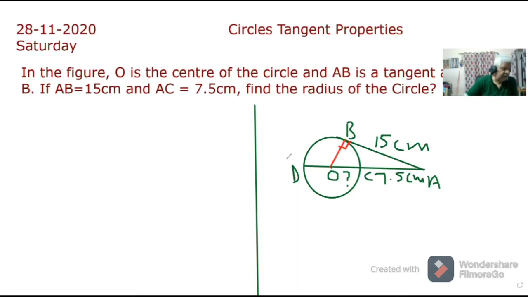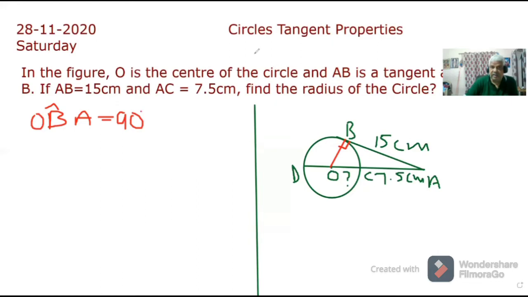So first here I will consider the problem. Observe what properties you can take. Here first we can consider angle OBA. Remember children, angle OBA equals 90 degree.